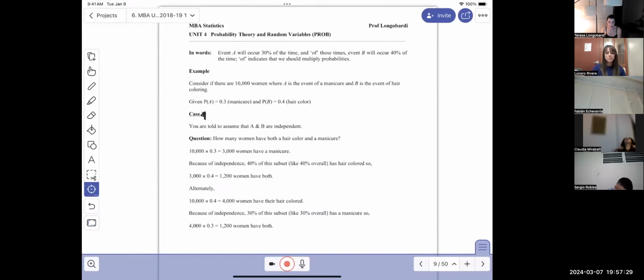Out of those 10,000 women, 30% of them have a manicure. Remember, 30% was probability of A, and we called that manicure. So that means 3,000 women have a manicure, if 10,000 is enough to realize the 30% probability.